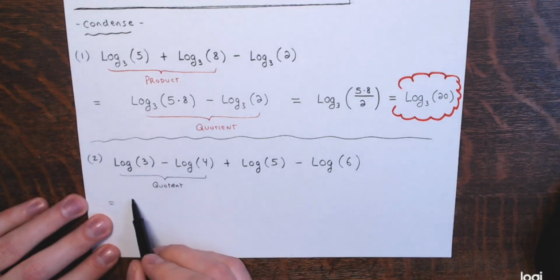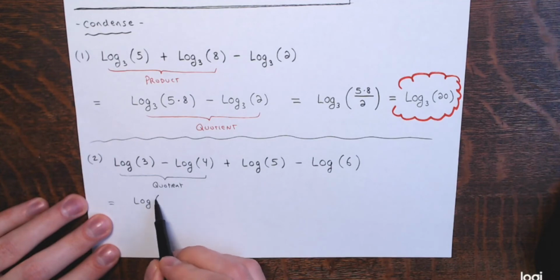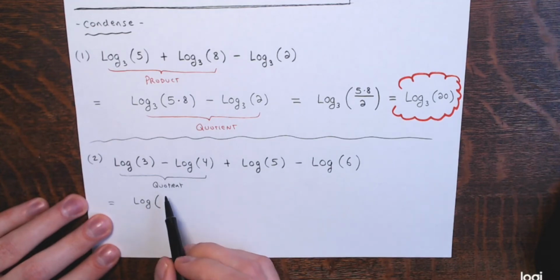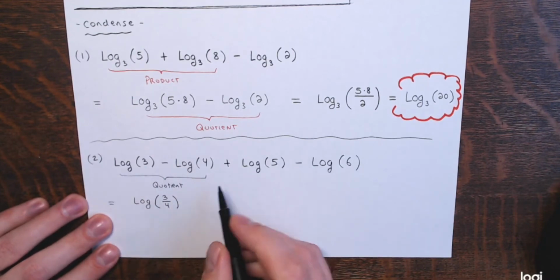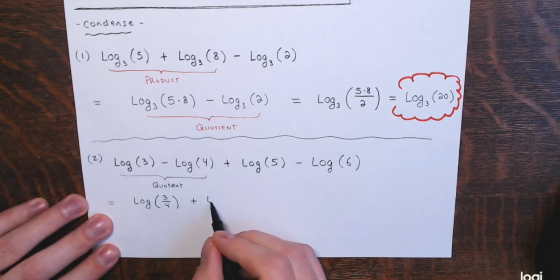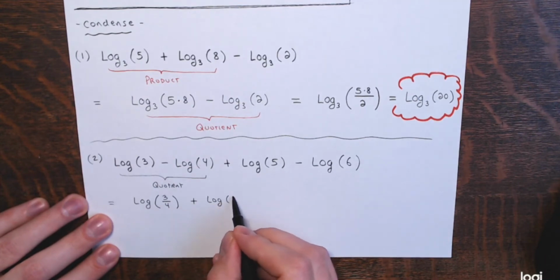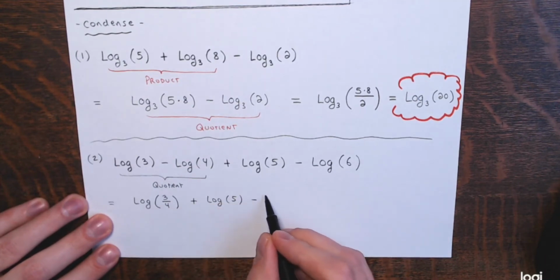This will be equal to the log base 10 of 3/4, right, 3 divided by 4. And then I'll write the rest of it out. We have plus the log of 5, and then minus the log of 6.